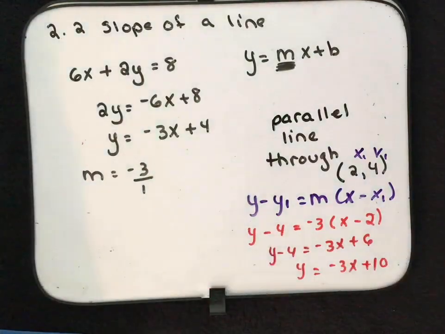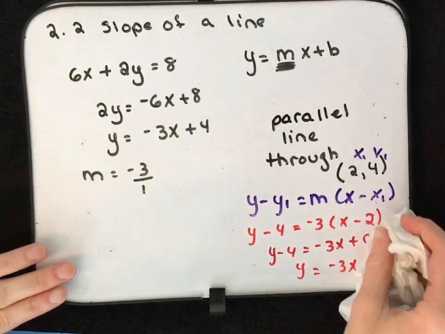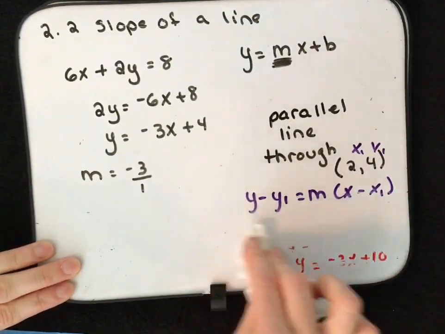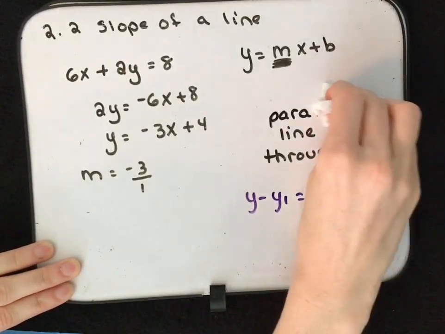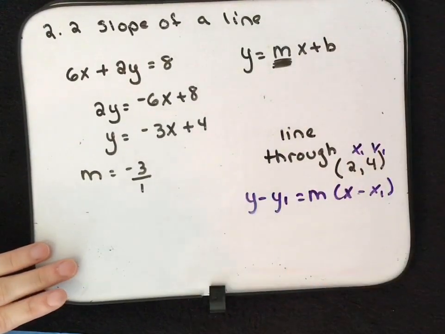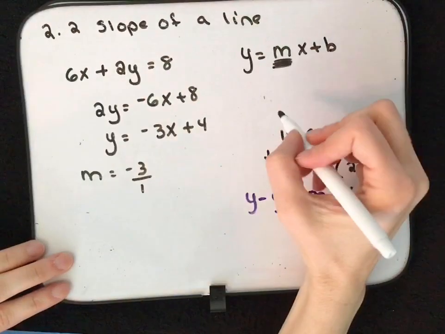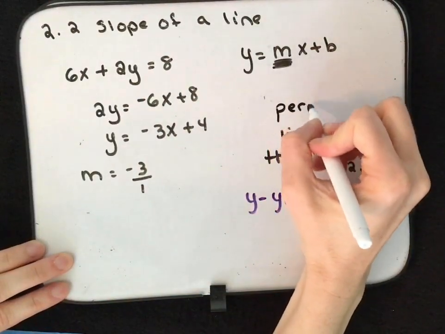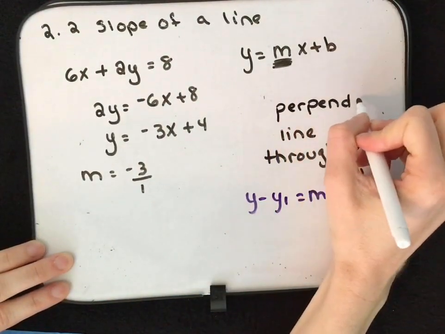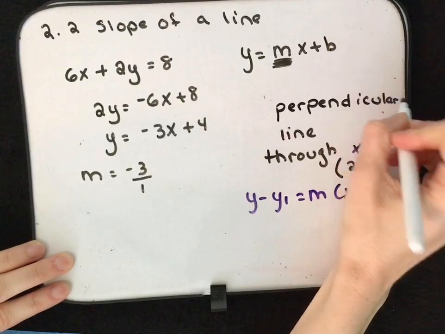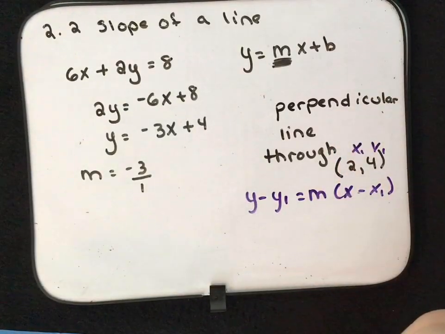Let's say that instead of parallel, we wanted it to be perpendicular. So everything's going to stay the same, except for right here. Instead of a parallel line, let's find a perpendicular line. So a perpendicular slope means that you take the opposite of it and you take the reciprocal, which means you flip it over.